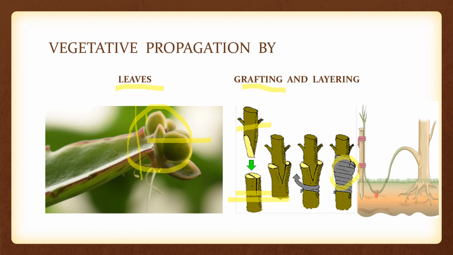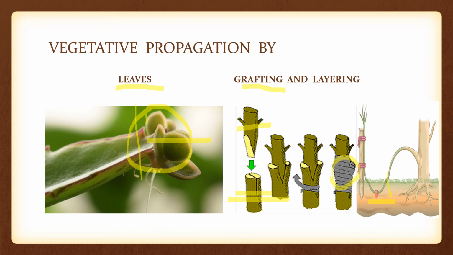Here the branch which is near the ground is bent and a heavy object like a stone is put on it, so that this branch is in contact with the soil. After a few weeks you will see small roots arise from this part.